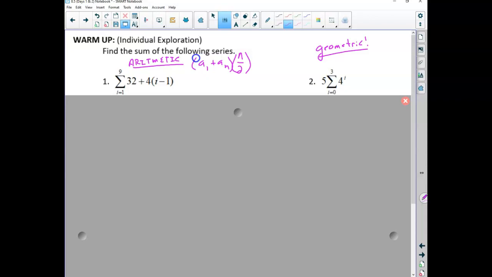And my geometric sequence over here, my sum is actually going to equal, what is it? It's my first term times, I got to get a little bit more room here. So what I'm going to say is this one's a geo.